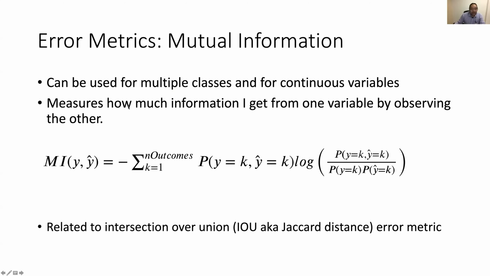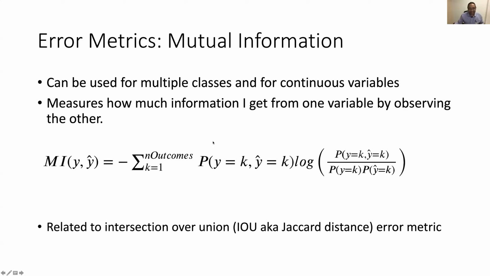It measures how much information is shared between two things. You have two variables, and we're asking how much information they share in common. It's kind of like thinking about how they are correlated. In other words, how much information do I get on one variable by looking at the other?